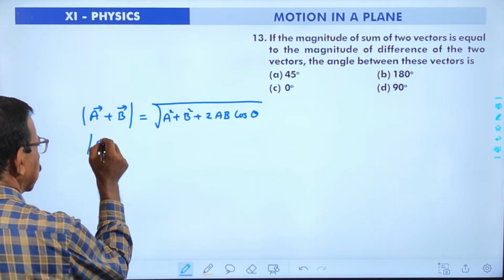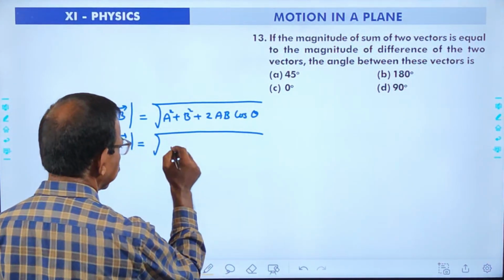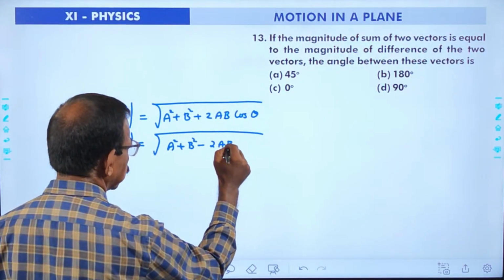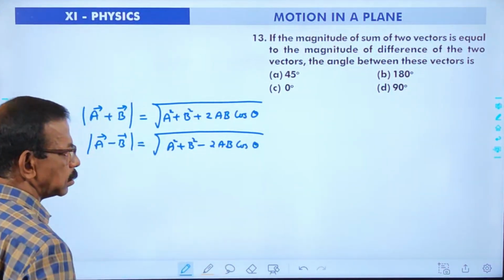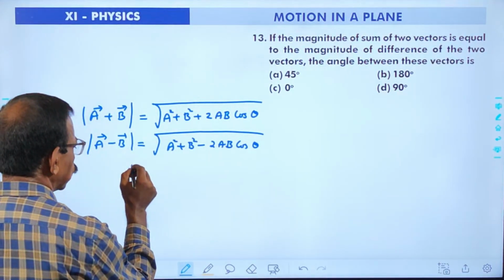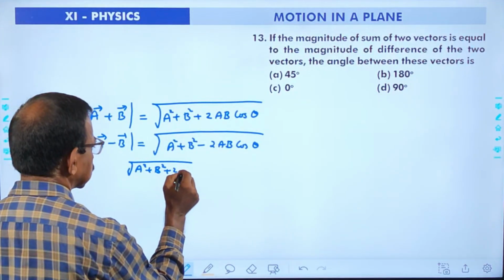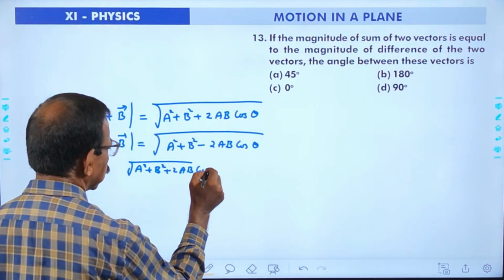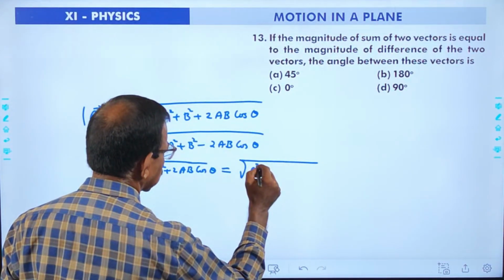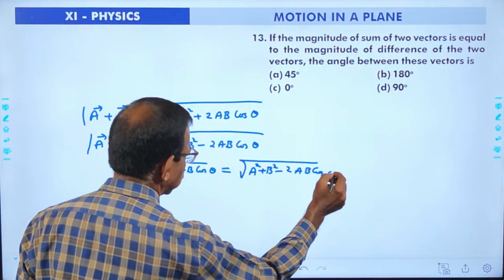And magnitude of the difference between the vectors is root of A square plus B square minus 2AB cos theta. It is given that these two magnitudes are equal. That is root of A square plus B square plus 2AB cos theta equals root of A square plus B square minus 2AB cos theta.